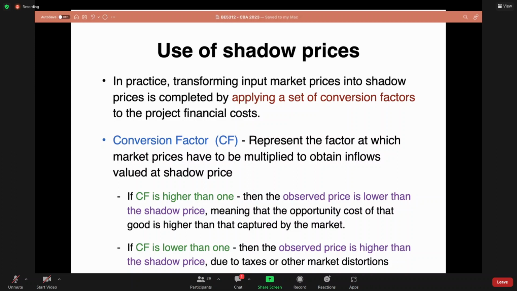You multiply the financial cost, or the market price, by this conversion factor to obtain the economic value reflecting the social costs and benefits.